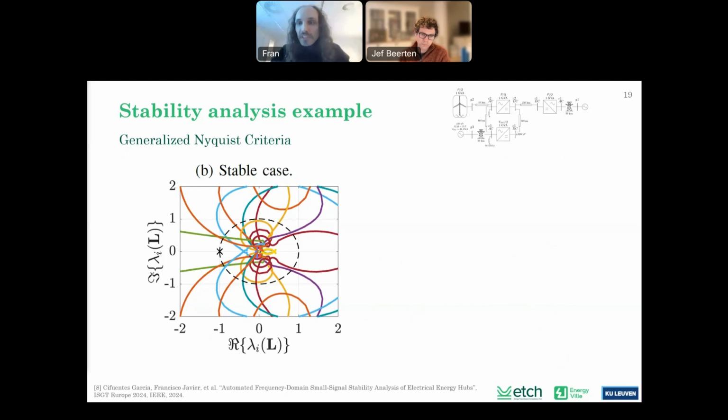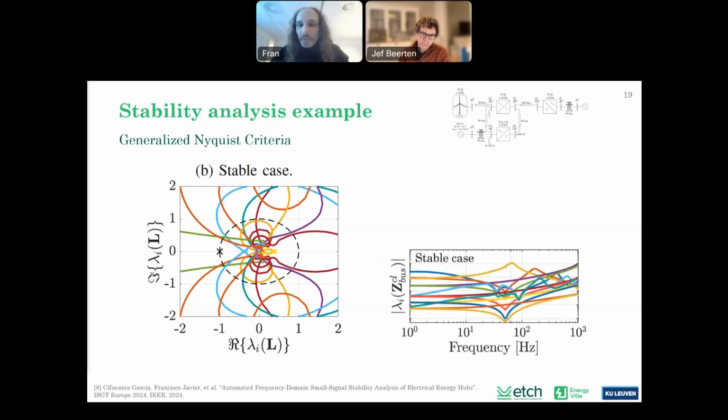So this corresponds to a stable case. And in addition, even though it's stable, we can look at how much it oscillates and what is the oscillatory frequency. So we can already observe that there is a peak in this orange closed loop eigenvalue, or let's say modal impedance, around 60 Hertz, but the system is stable.